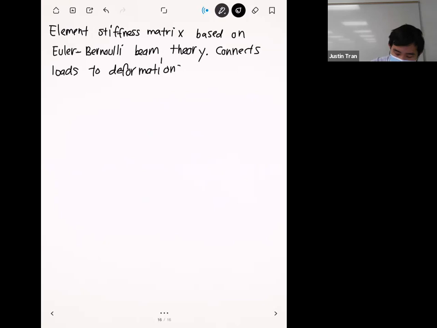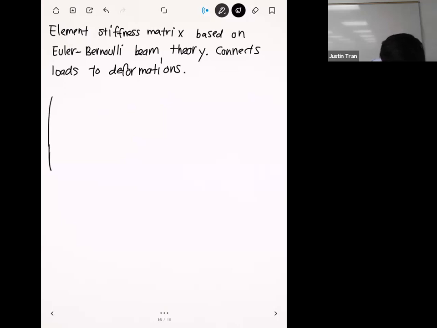That last bit is not unique to beams. All the element stiffness matrices we've seen so far for the springs and for the truss elements form the relationship between the loads and the deformations. So beams are not unique. It's just the way that we derive them is unique. And the element stiffness matrix is given by the following.